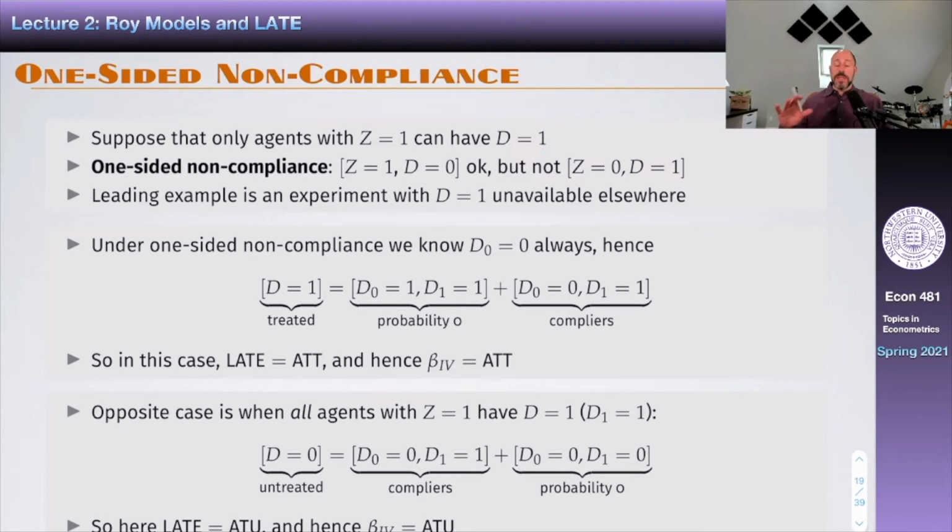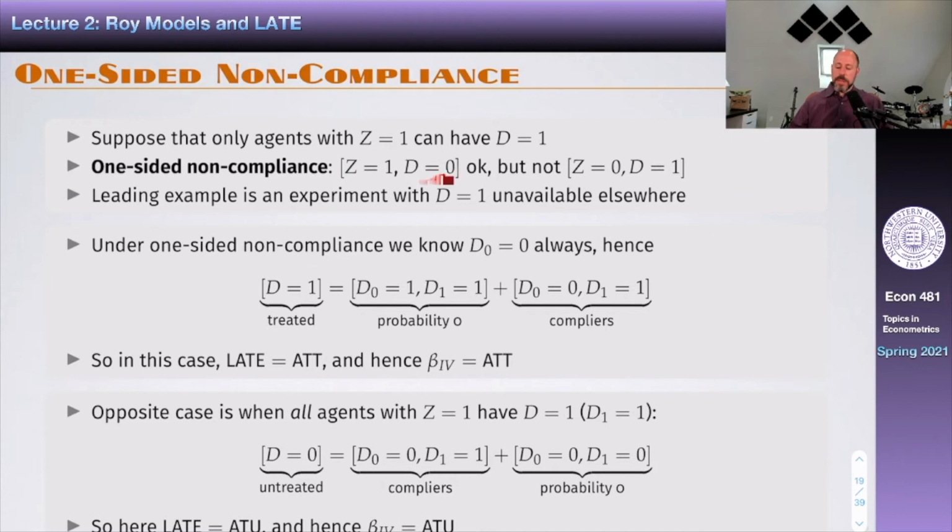You can take the drug if you participate in the experiment, but if you do not get the drug as part of the experiment, you cannot go and get the drug from somewhere else. That's called one-sided compliance. There's one side you don't care about, because people cannot get the drug outside on the market. So in other words, you can have Z equal to 1 and D equal to 0. You can have somebody that you offer the drug, but the person decides not to take the drug. But you cannot have this.